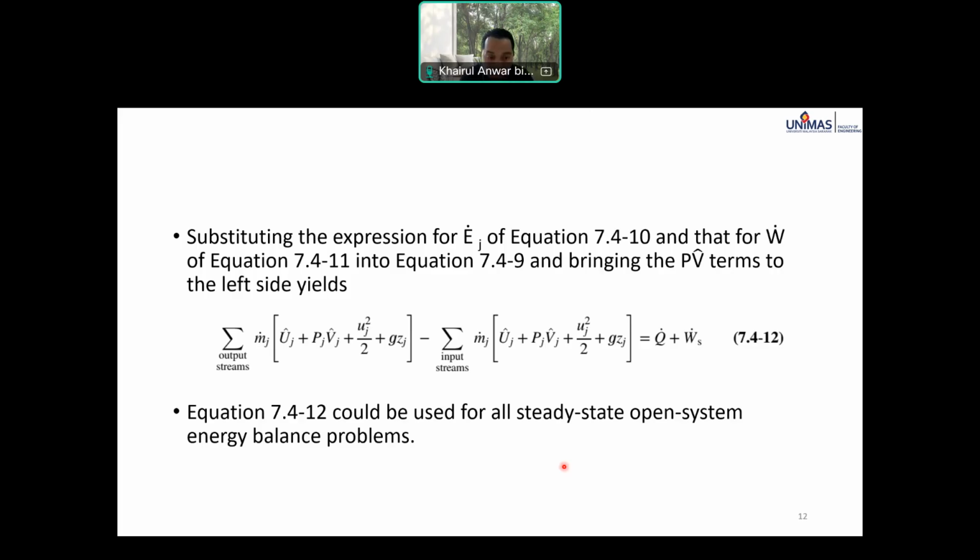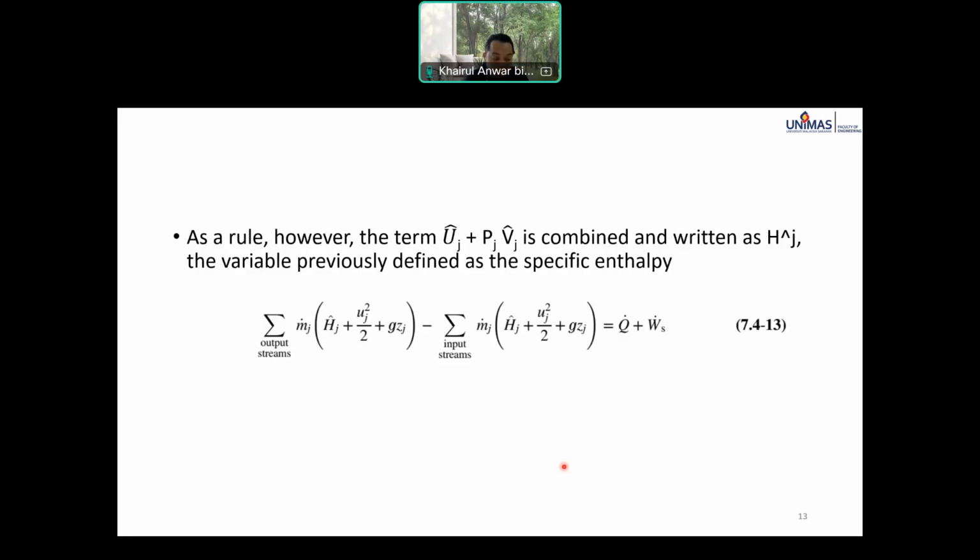So 7.4-12 could be used for all steady state open system energy balance problems. As a rule, however, the term U plus PV is combined and written as H, the variable previously defined as the specific enthalpy.